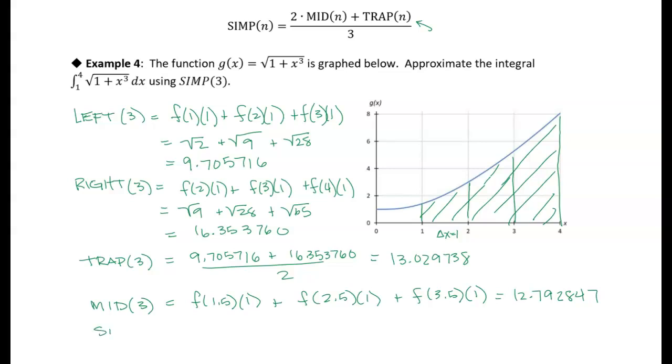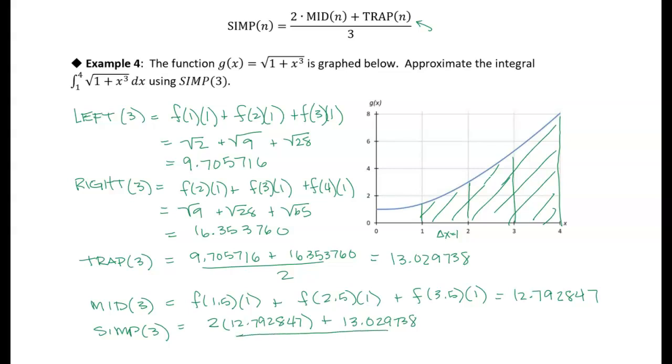Okay. So now I have a mid and the trap, and then I'm going to apply Simpson's rule. So simp 3 is just going to be 2 times the midpoint rule, which is 12.792847, plus trap. Okay, so that's 13.029738.